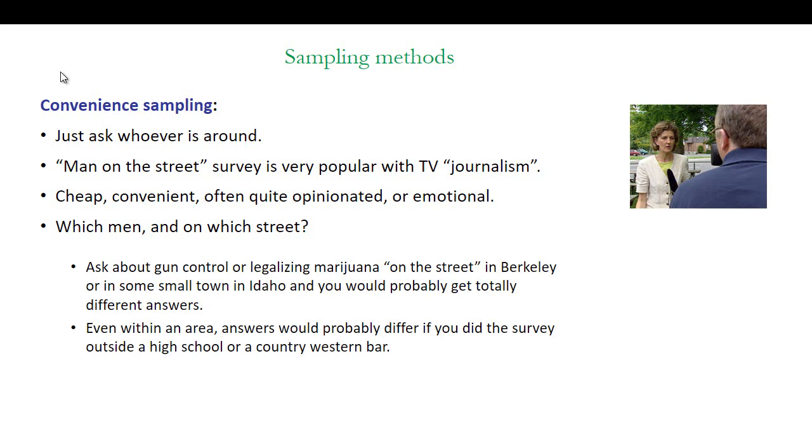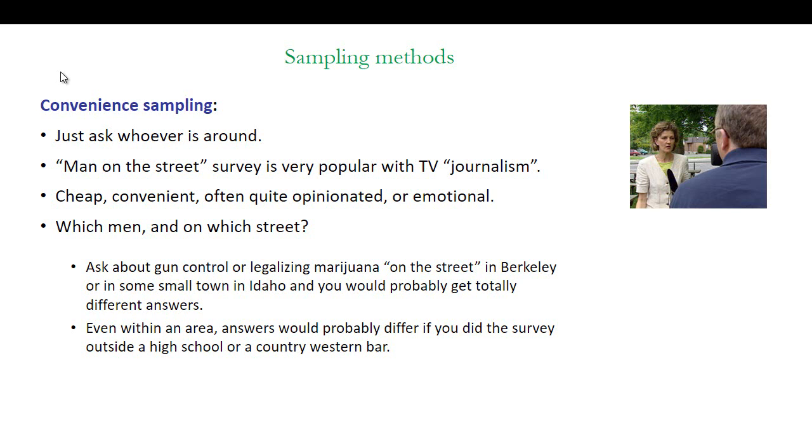So, for example, let's say we want to know about gun control or legalizing marijuana, and we use convenience sampling. If we do the sampling in Berkeley, then we will probably see that most people favor gun control.